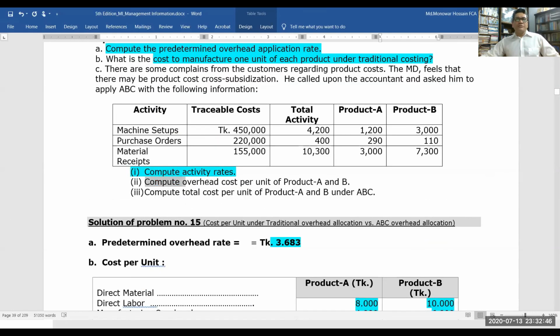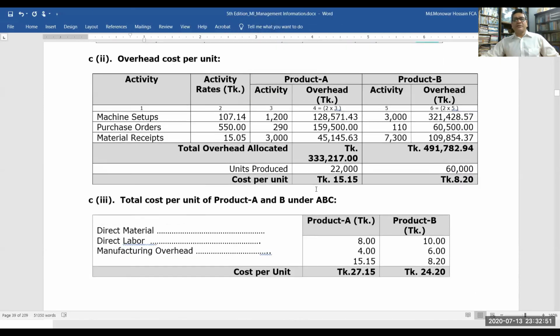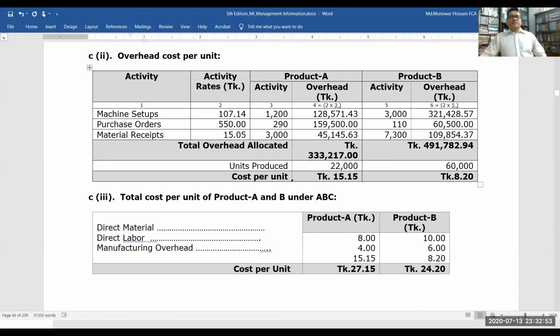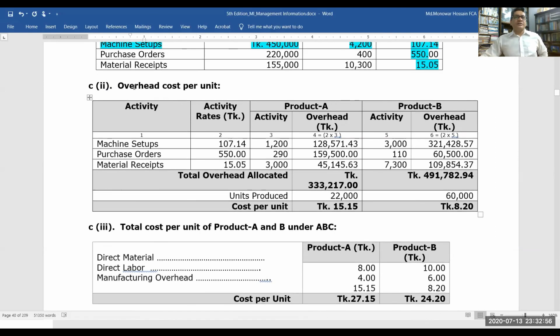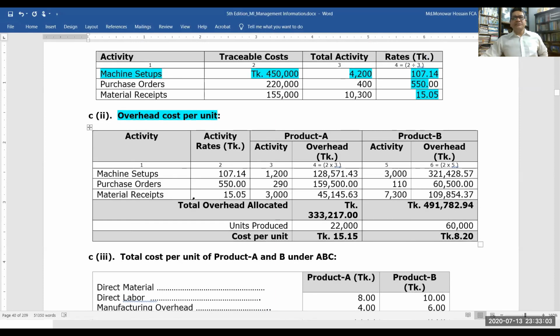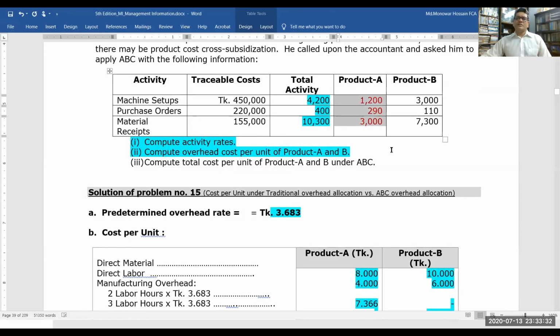Now compute the overhead cost per unit of product A and B. If we add all, then we will get the product overhead cost. Now for the overhead cost, the machine setup activity rate we just calculated here. 1,200 of machine setup, purchase order is 290, and material received is 3,000.